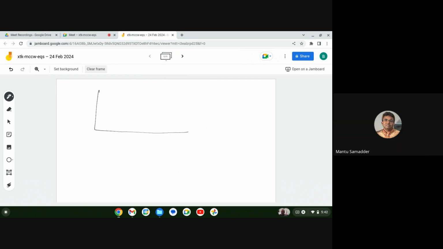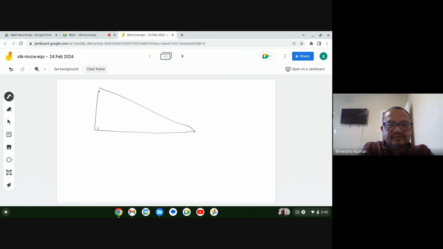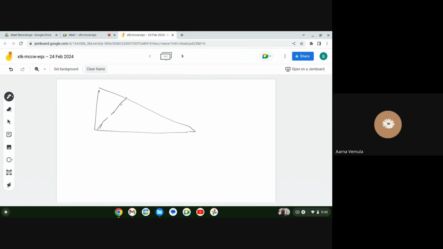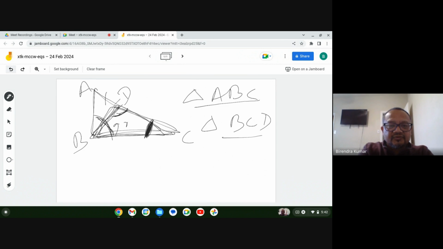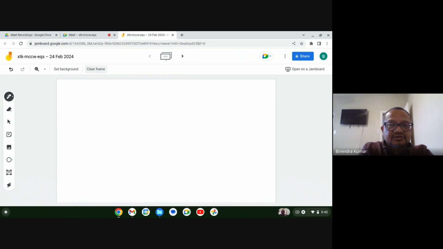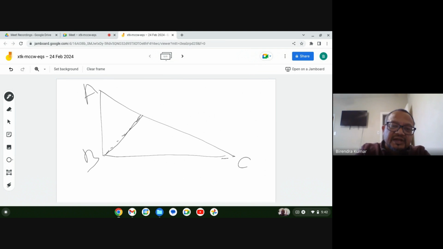Okay. Agree or you don't agree? Yes, I agree. You're able to relate also, right? So what's happening here? Let me clear it. Okay. So basically, what is the conclusion from whatever we were doing so far? If I have a right angle triangle, and I draw a perpendicular line from this point to the other side, it makes two child triangles, this and this.